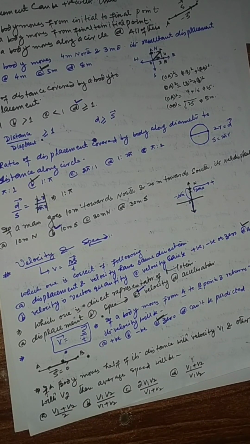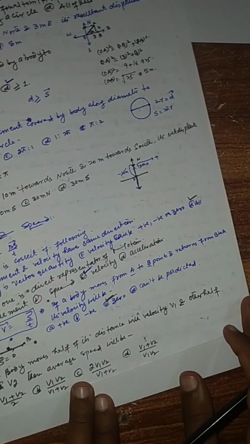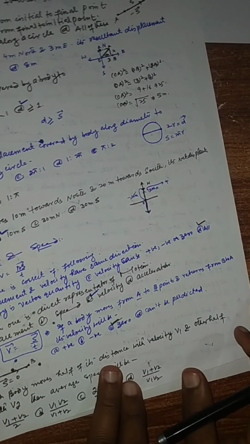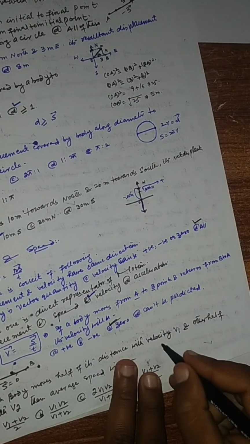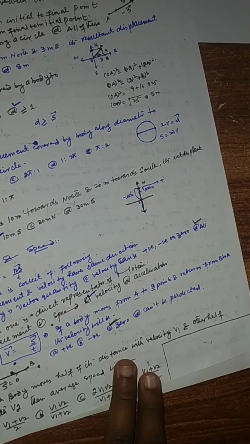Then what will be the correct answer? Here we see the body is traveling half the distance with v1 and the remaining half with v2. It means there is the same distance or same displacement we can say. If the same displacement is there, then the average velocity will be equal to 2v1 v2 over v1 plus v2.